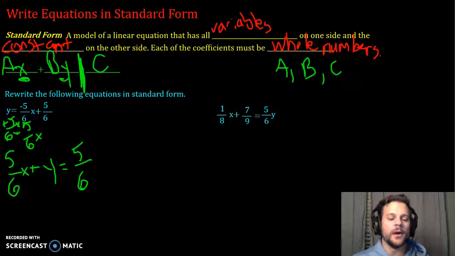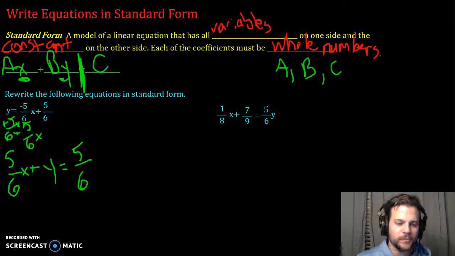Now, the way you get rid of the fractions, because remember, we have to have whole numbers by our definition, is you multiply by the denominator of the term that you are trying to eliminate. So if we just take this one piece at a time, it's lucky in this case that we have the same number in our denominator.